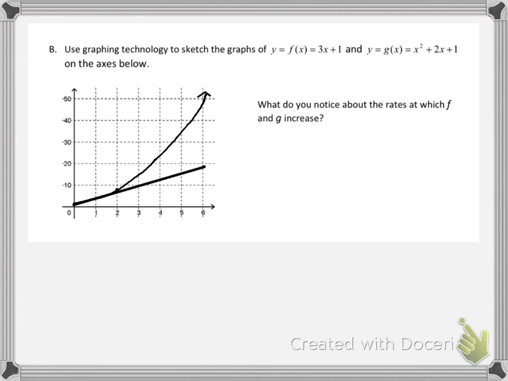So if we look at the rates at which F and G increase, we notice that this is increasing at a constant rate. And then this one is increasing at an increasing rate.